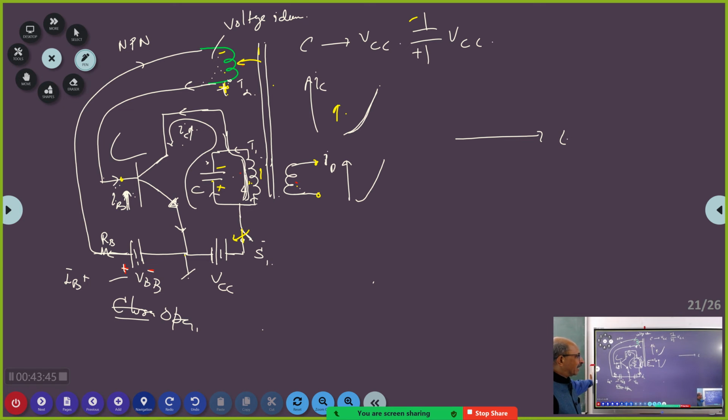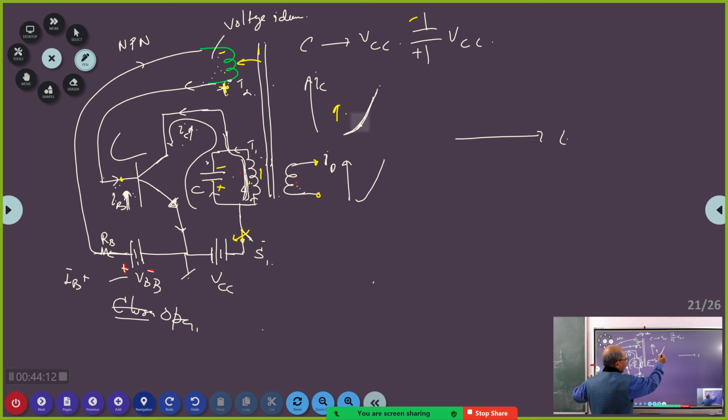That will depend upon the rate at which the current is rising, which depends upon the self-inductance. So here the collector current starts rising. Yes, there is some back EMF to begin with.